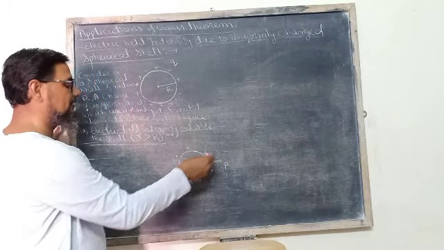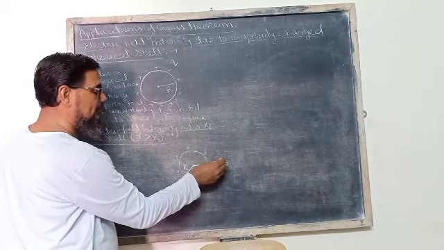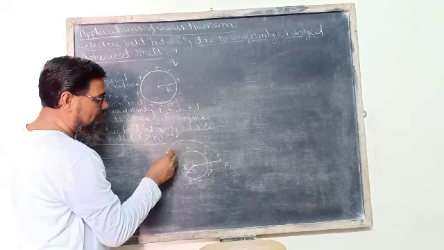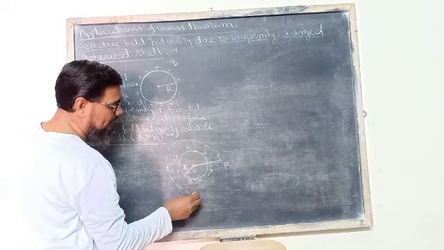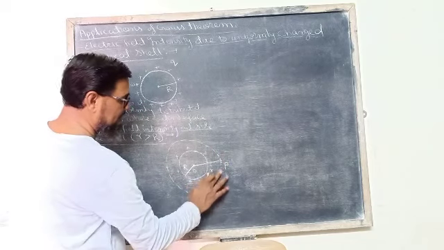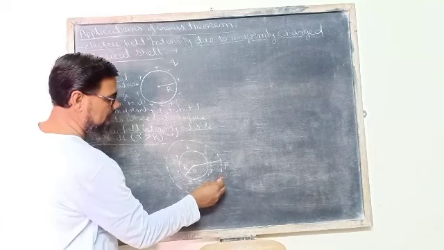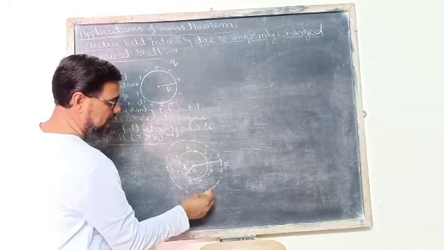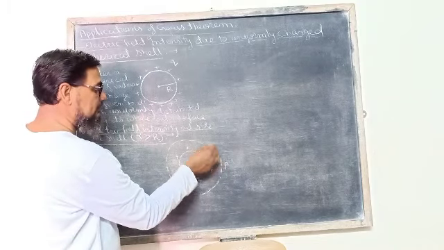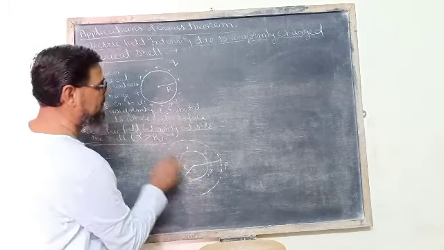And then, in order to calculate the electric field intensity from Gauss theorem, we consider a spherical Gaussian surface of radius small r that covers the whole shell.